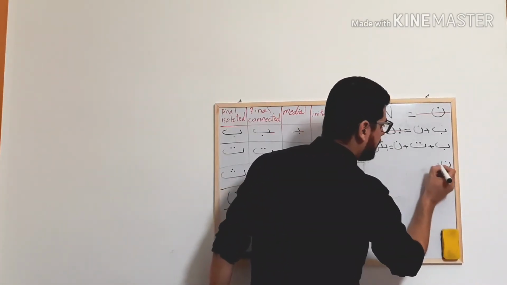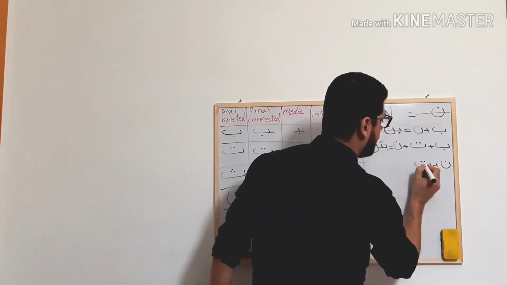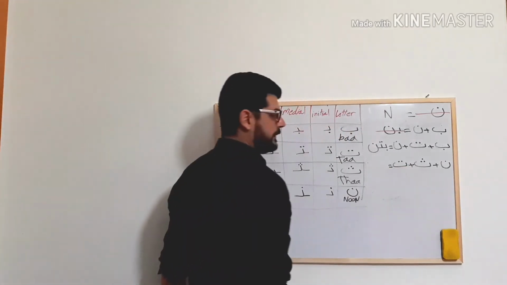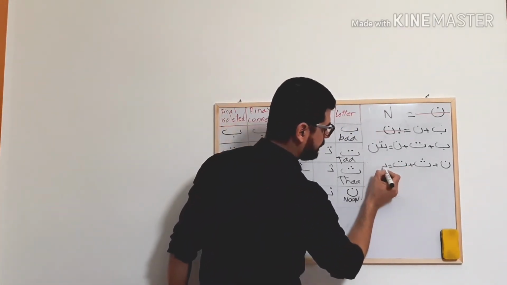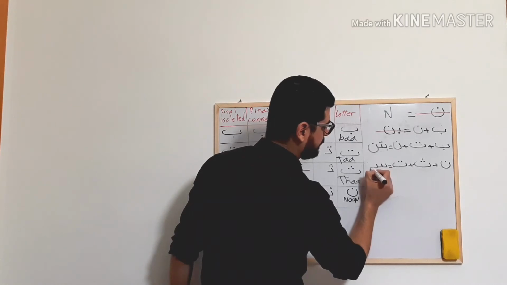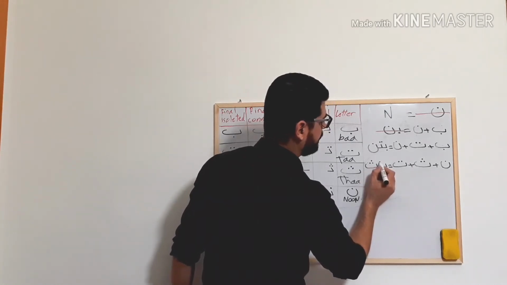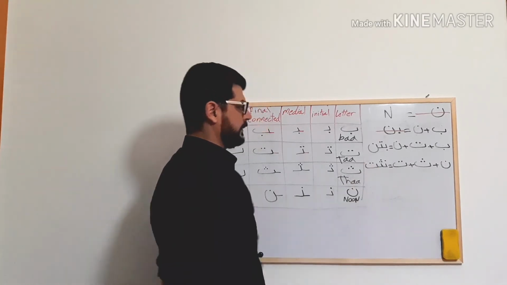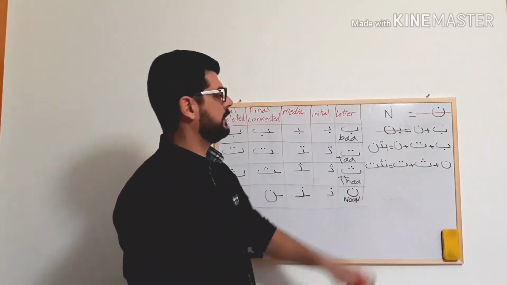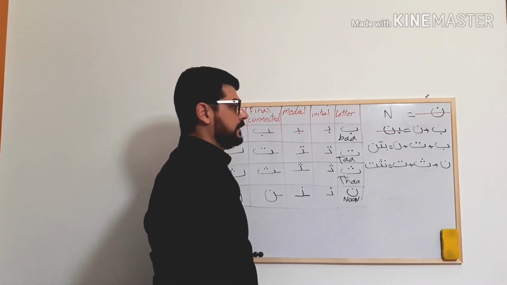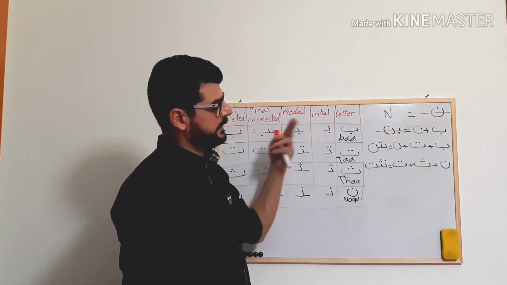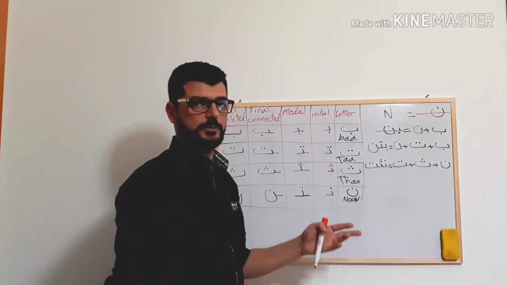Say nun and tha and ta will give me, exactly. There is no point here. Now you can't read any word because we will learn it after we take the next 6 letters. We will learn how to read in Arabic.